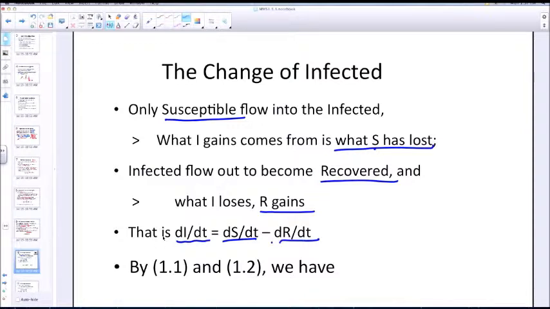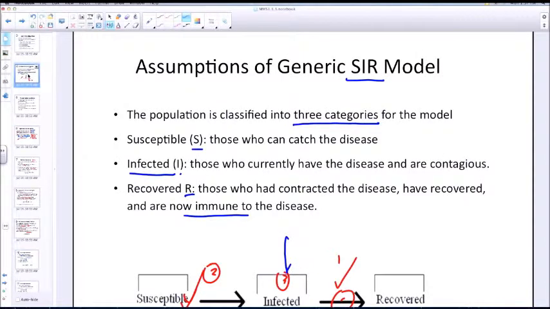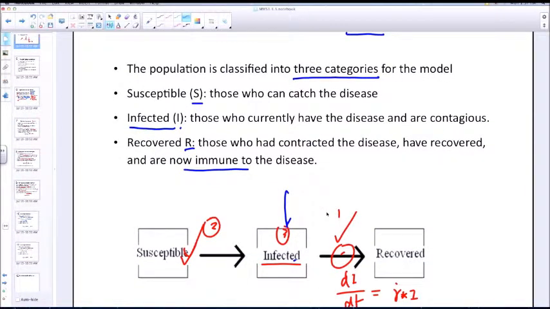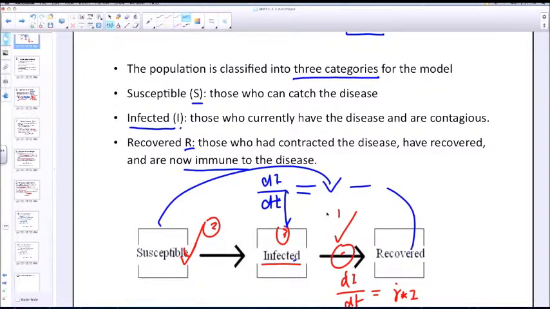So you look back here again, and this equals dI/dt equals this part minus this part. That's very clear. So this part is dS/dt, and the recovered is dR/dt.